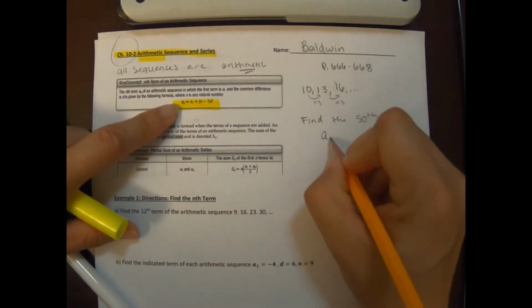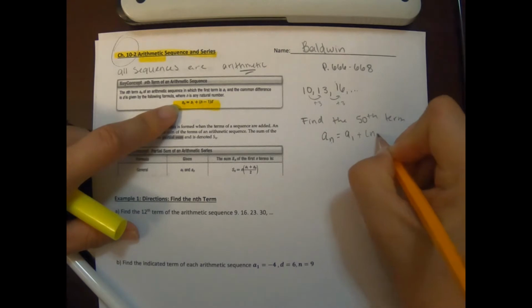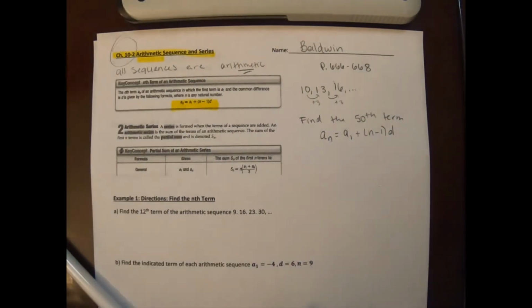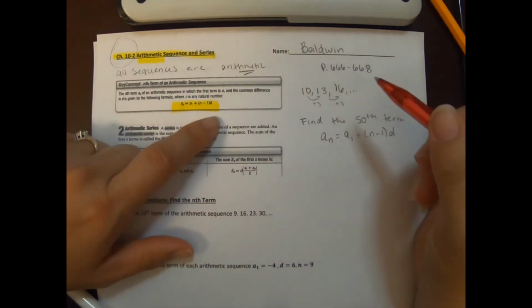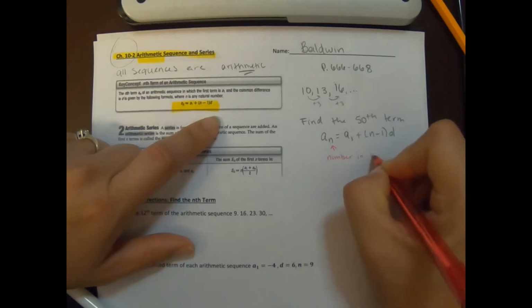So the formula is a sub n equals a sub 1 plus n minus 1 times d. So it's really important that you understand n is the number you're asked to find, the number in the list.